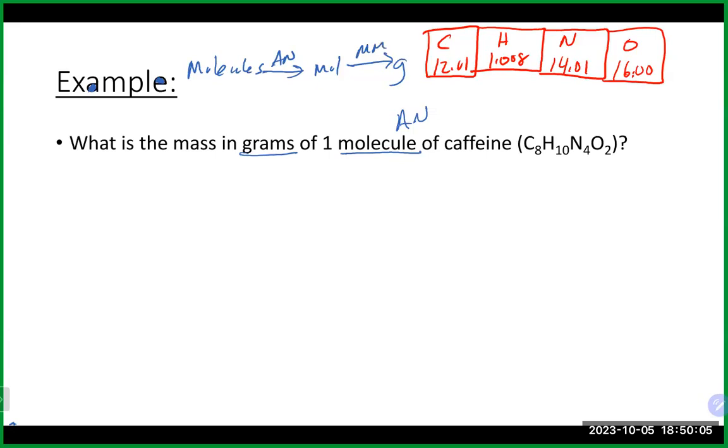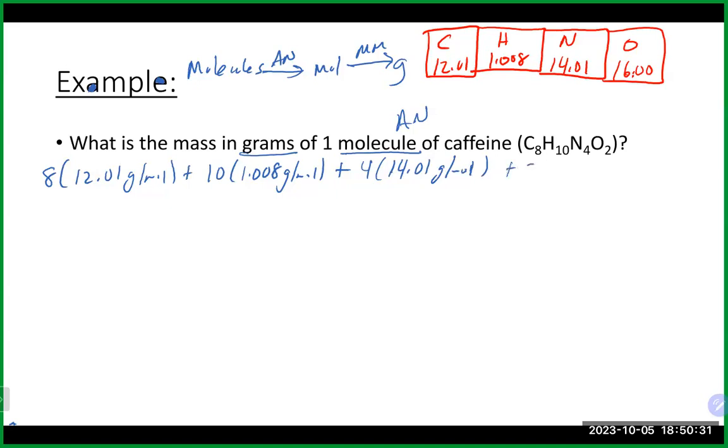So since we do need the molar mass at some point in this calculation, I'm going to calculate it up front here. So just going to add up all the parts here. So that's going to be 8 times our carbon's molar mass from the periodic table, plus 10 times our hydrogen's molar mass from the periodic table, plus we got there 4 times our nitrogen's molar mass. And lastly, 2 times our oxygen's molar mass.